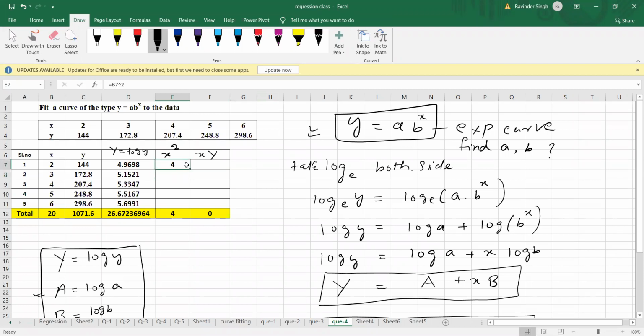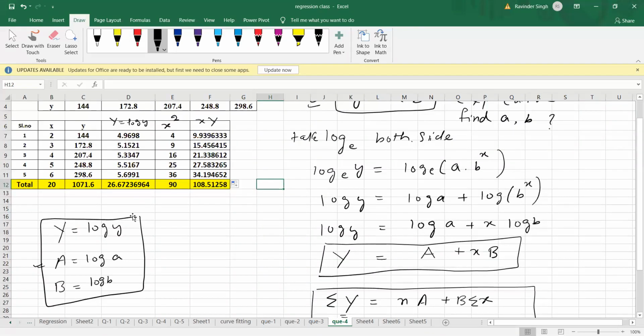So we have calculated the x power of 2 values, and then I need to find small x into capital Y, which is equal to small x into capital Y, and I drag this down. Now we have got all the values here.